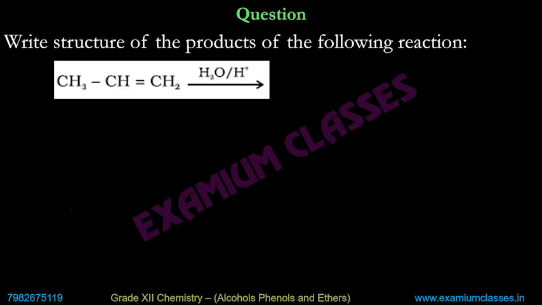Next question, write the structure of the products of the following reaction. Alkene, acidic hydrolysis. As a hint, I am telling you this is in accordance with Markovnikov addition. Okay, yes, Ashi, correct.